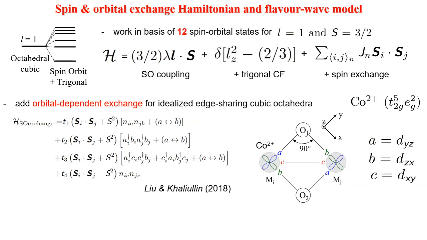For example, terms up here indicate that exchange can happen from orbital A on this side through oxygen into orbital B on this side. One way to intuitively think about this is that if the spin flips, then it also changes the orbital.